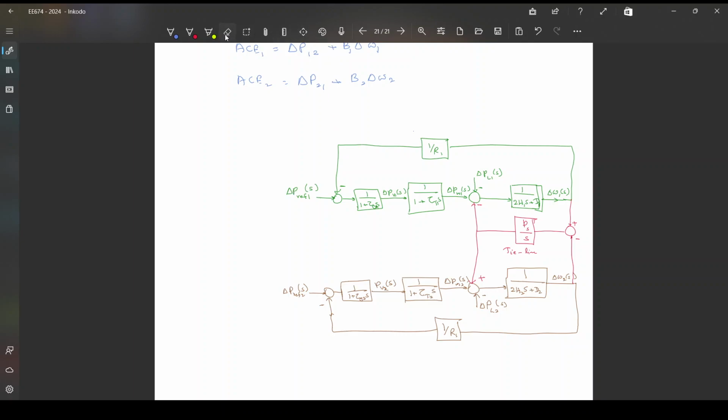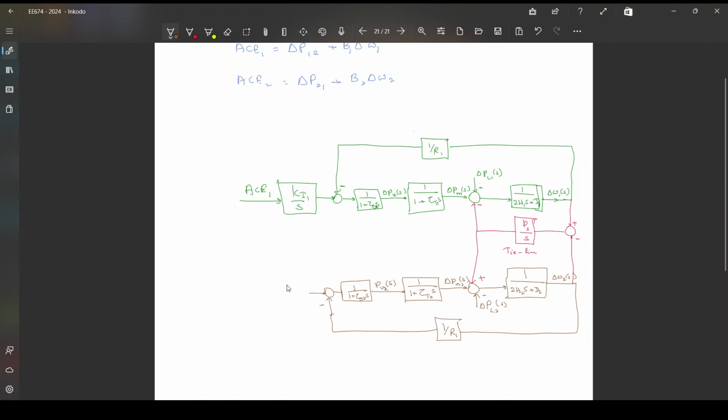We will also include the integral part of the control, which in this case is Ki1 over S here, and the input to this is the area control error for area 1, and same goes here.